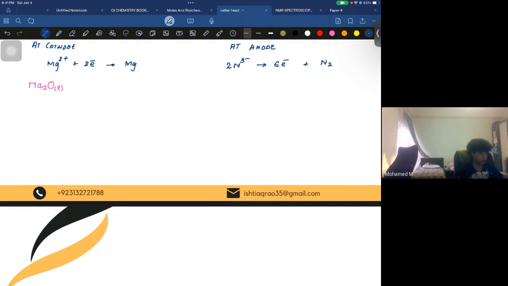At the cathode, it will be Na plus plus e negative to become Na, and at the anode, it would be oxygen O2, with 2 negative 2 plus, so negative 2 times 2, e negative.